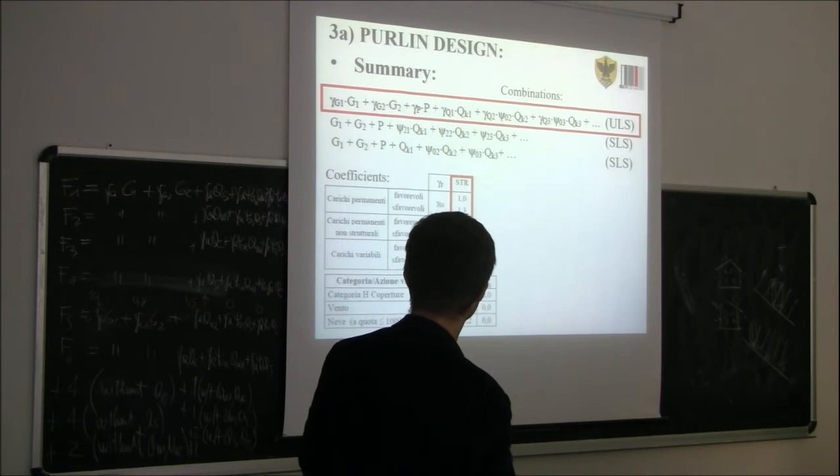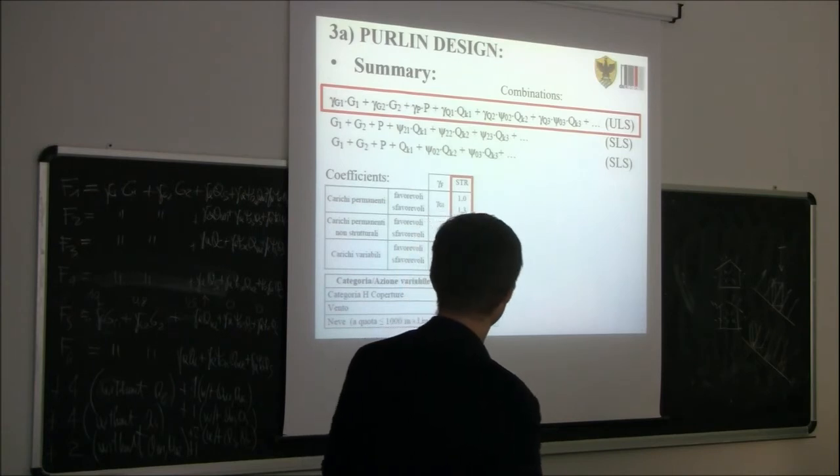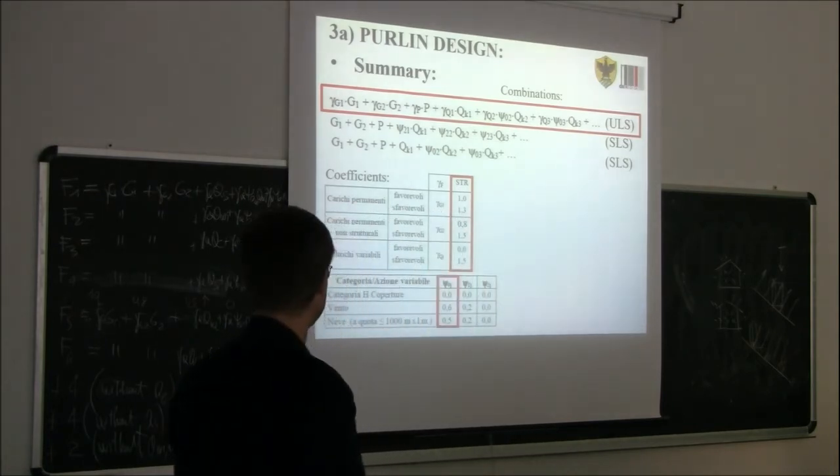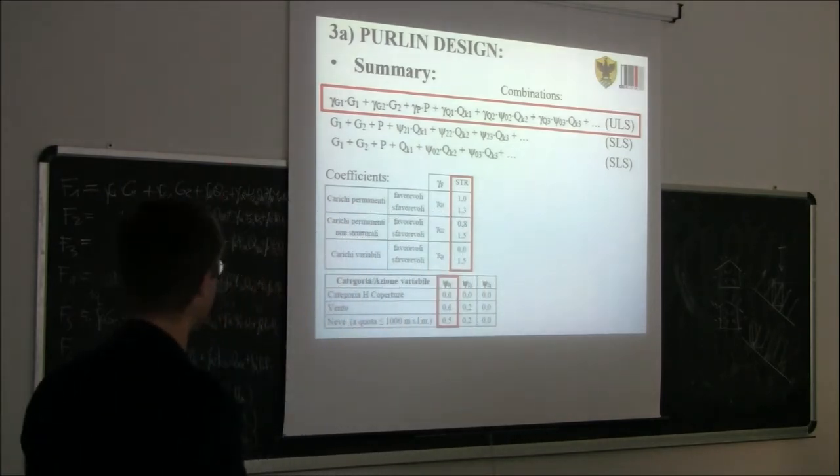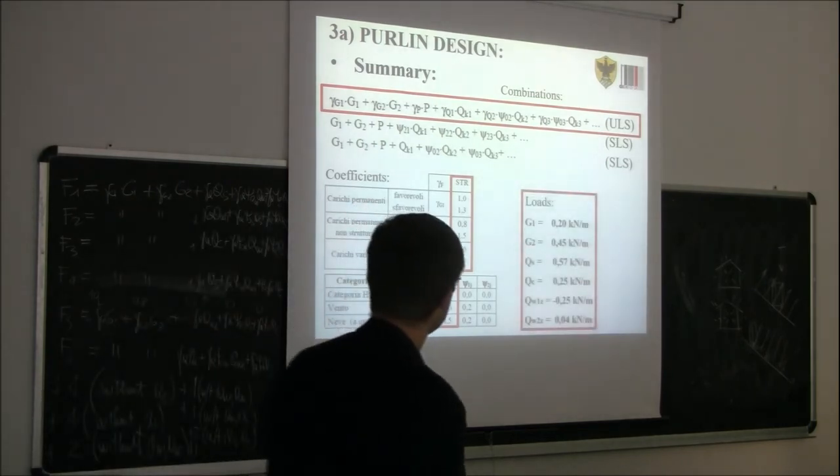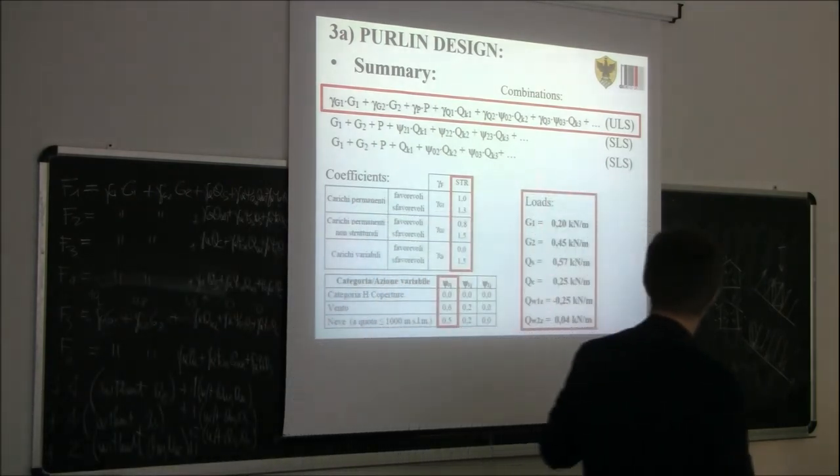Then we have the coefficient psi 0: 0 for maintenance, 0.6 for wind, and 0.5 for snow. Those are the values of the load.